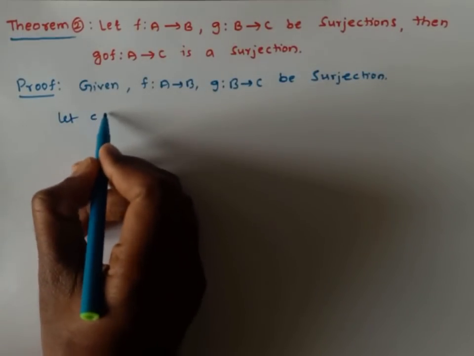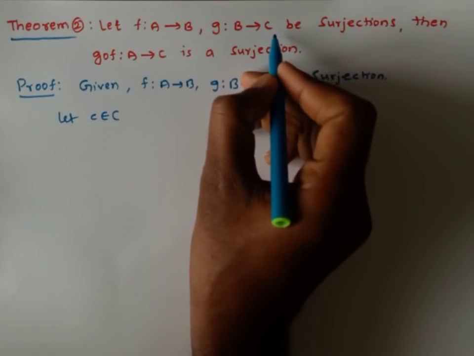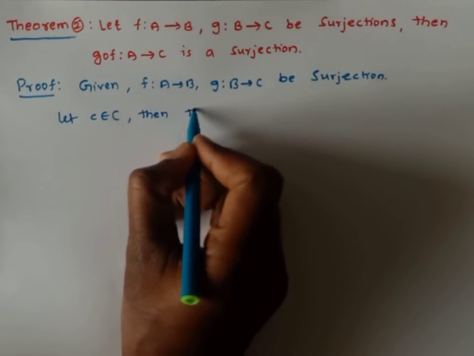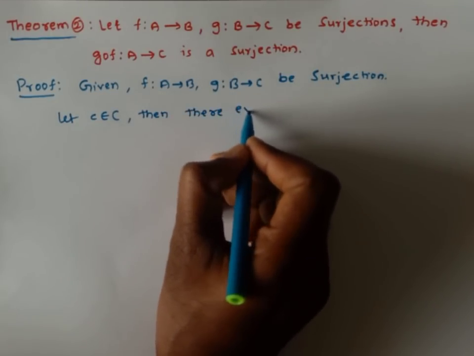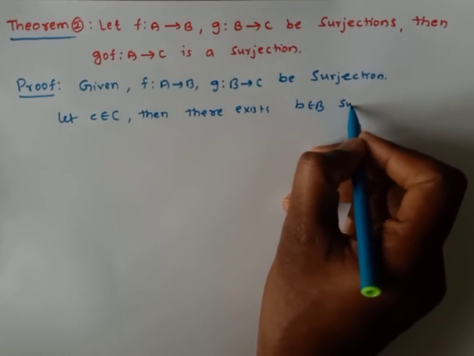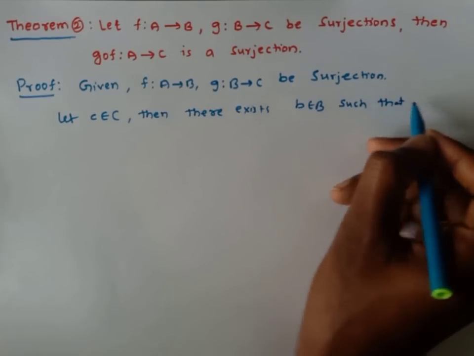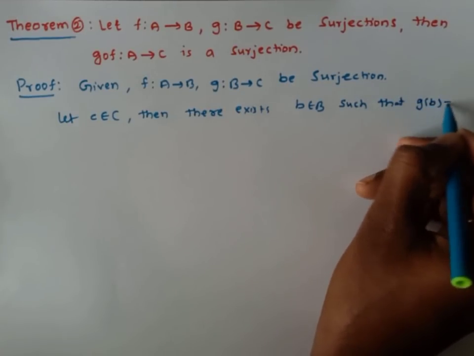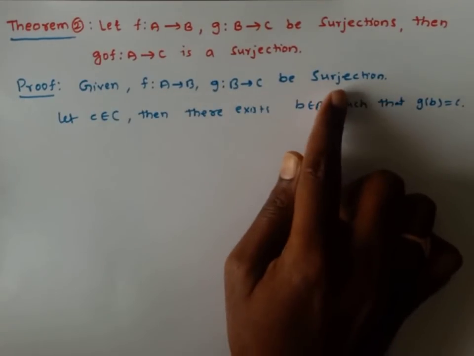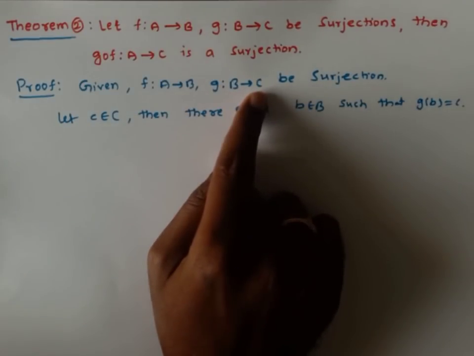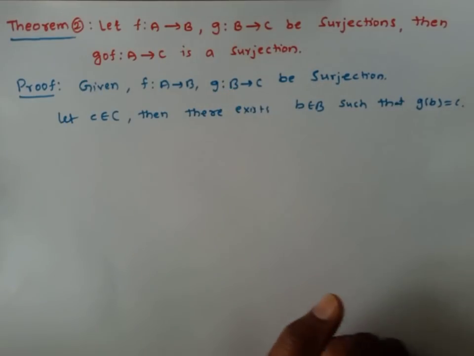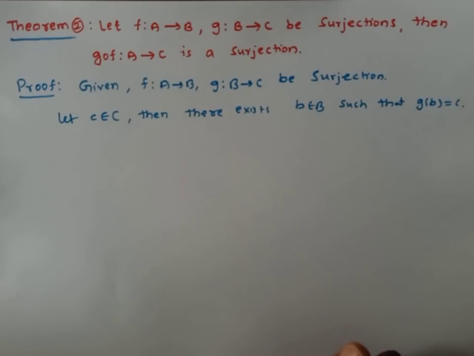Let C be any element of C, then there exists B belonging to B such that G of B is equal to C. So here G is a surjection, therefore for each C belonging to C, there exists an element B belonging to B such that G of B equals C, which is nothing but the definition of a surjection.